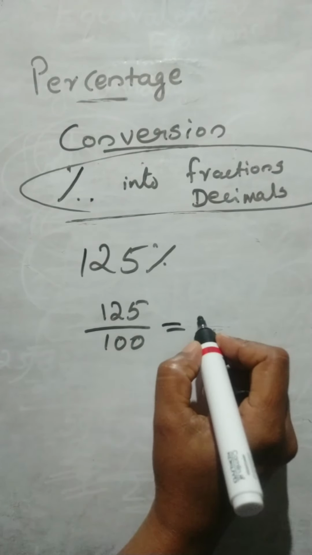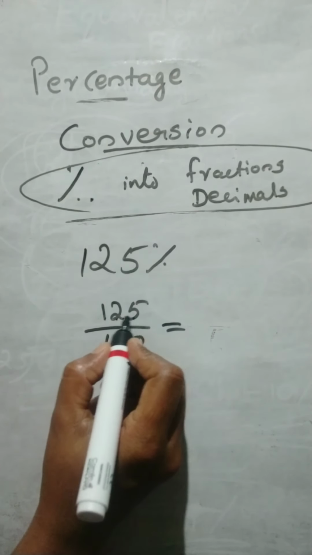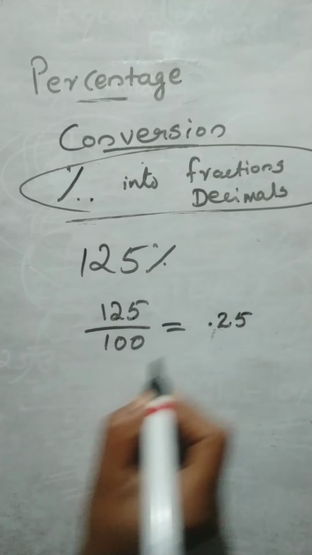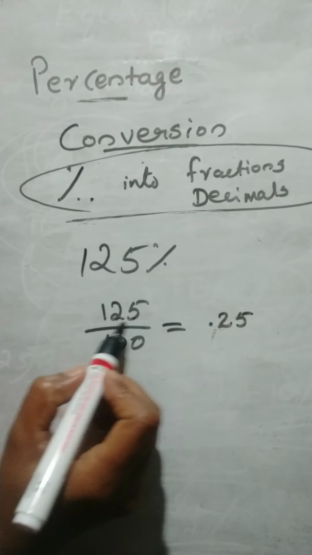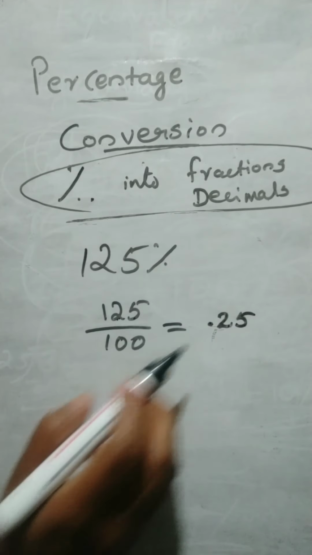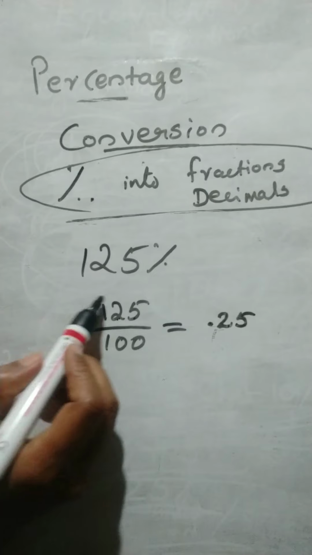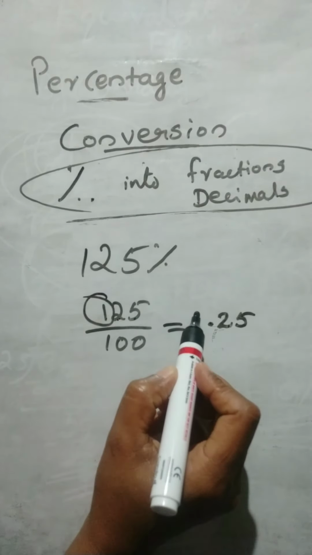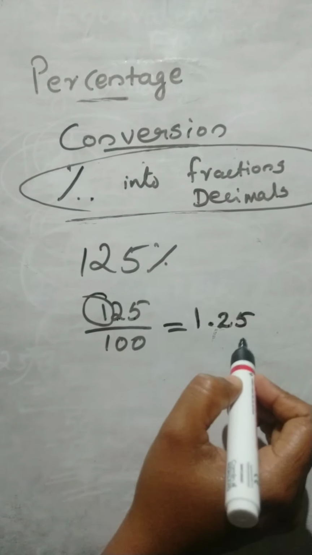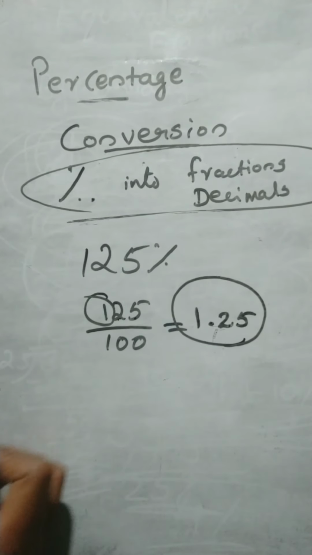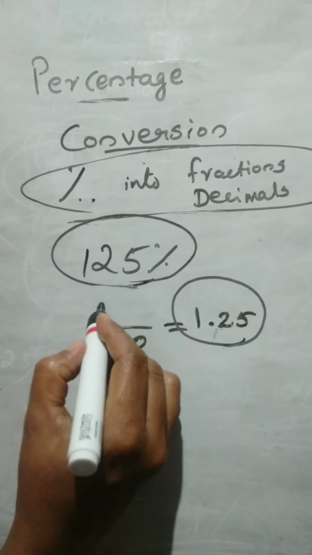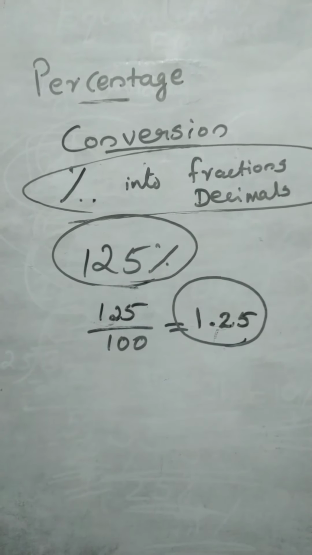That is, here 2 digits we have to push after the decimal point. Here point is there. Then 2 and 5 is there after decimal point. Then this one we can write before decimal number. Okay. So this is the decimal form of 125% and 125 on 100 is the fractional form.